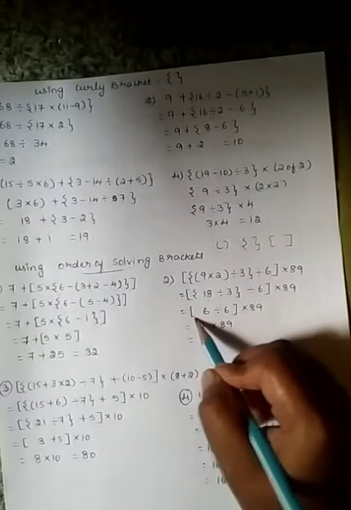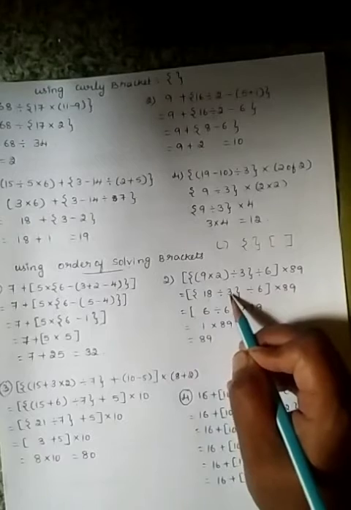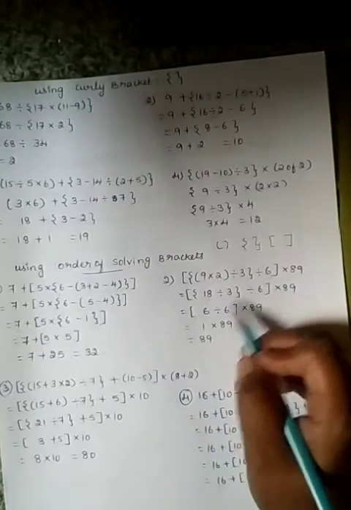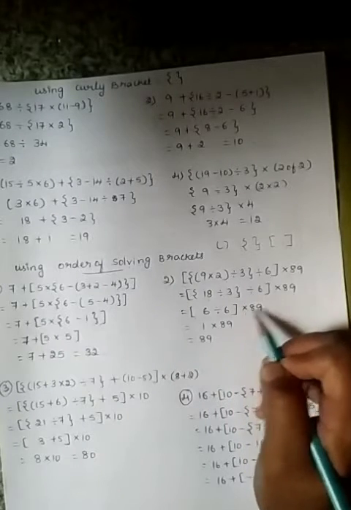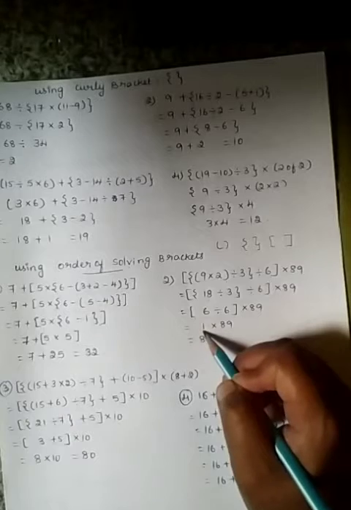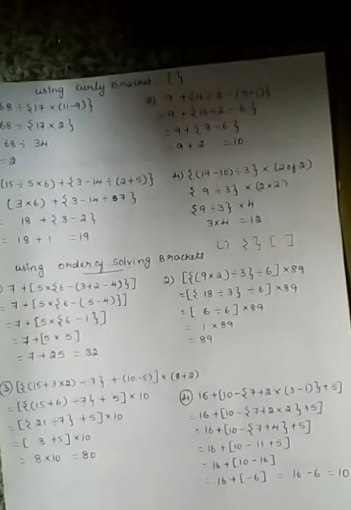Next open the square bracket, 18 divided by 3, 3 6s are 18, we got 6. 6 divided by 6 into 89, so 6 divided by 6 we got 1, 1 into 89 is equal to 89.